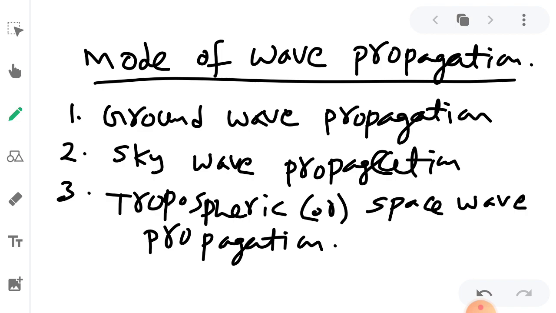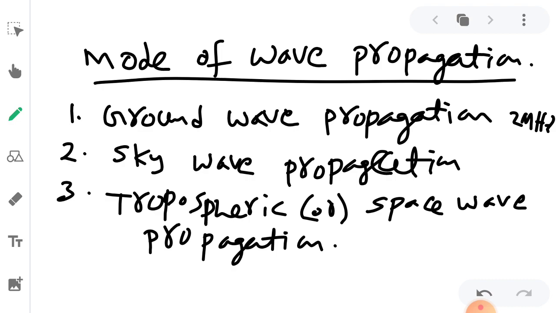Based on the different frequencies, we use these different wave propagations. We'll see the diagram for these three types. Ground wave propagation is used up to 2 megahertz. Sky wave propagation can be used from 3 to 30 megahertz, or sometimes up to 40 megahertz.